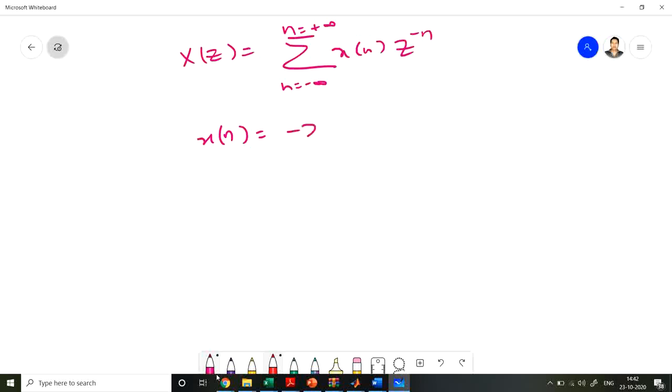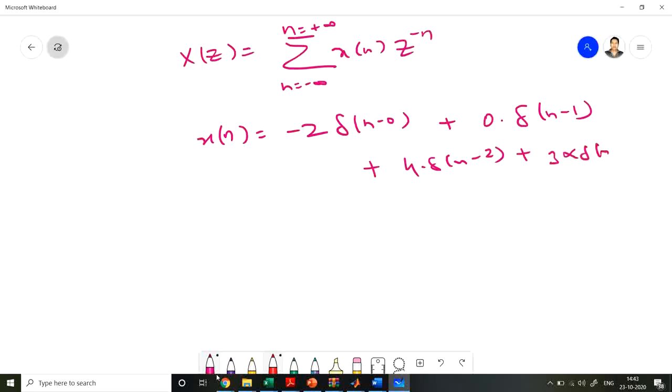Please check: it is minus 2 δ[n minus 0] plus 0 multiplied by δ[n minus 1] plus 4 multiplied by δ[n minus 2] plus 3 multiplied by δ[n minus 3] plus 3 multiplied by δ[n plus 1] plus 5 δ[n plus 2].